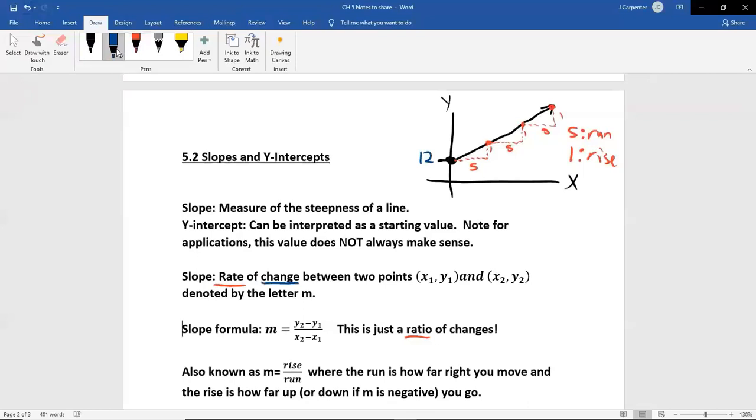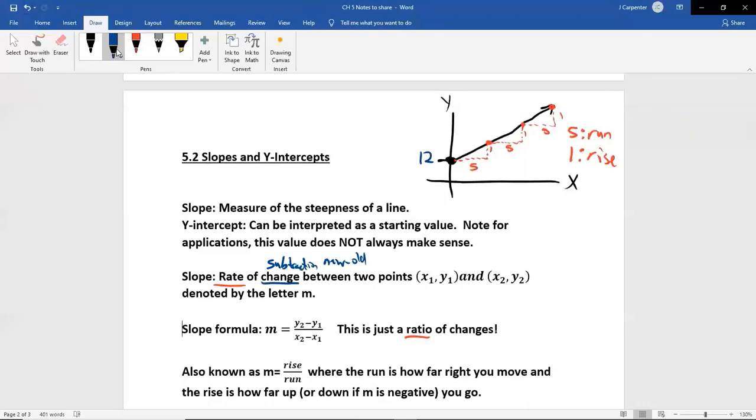Change, as we were talking about in the last two sections of chapter 4, well, there was two types of change. We had total change and percent change. But if you don't throw the word percent in there, change is assumed to be a difference. Change is a subtraction. It's specifically new minus old. So if you have 2 points on a line, x1, y1, and x2, y2, your slope is calculated by the change in the height.